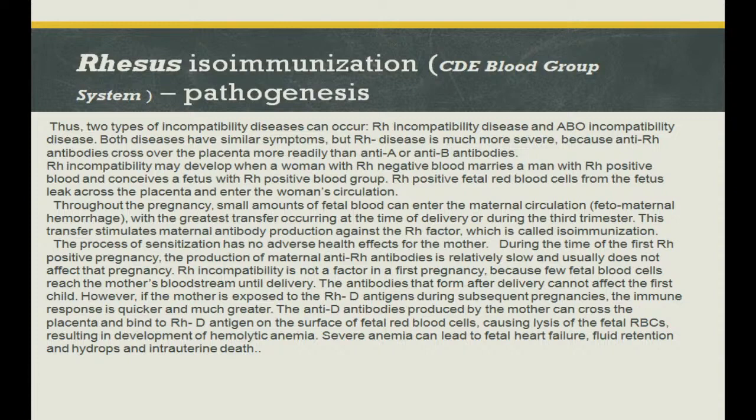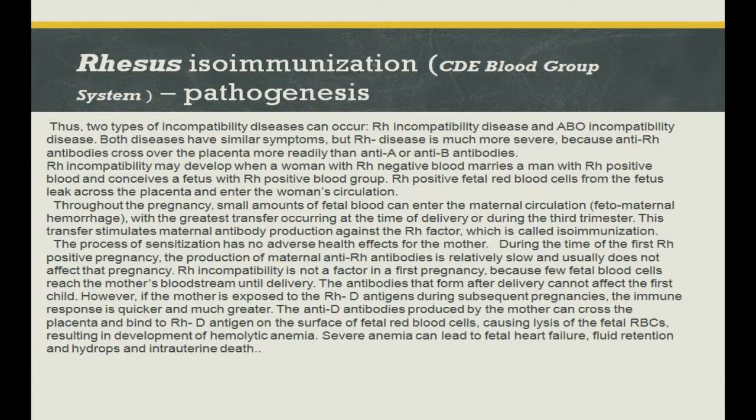However, if the mother is exposed to the rhesus D antigen during a subsequent pregnancy, the immune response is quicker and much greater, but only when the second pregnancy is with a rhesus positive fetus. If during the second pregnancy the mother is carrying a rhesus negative fetus, no problem will appear.